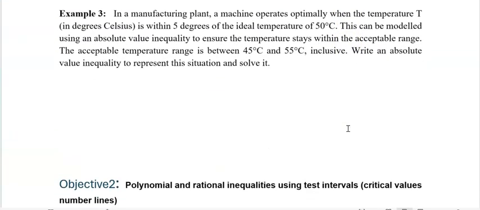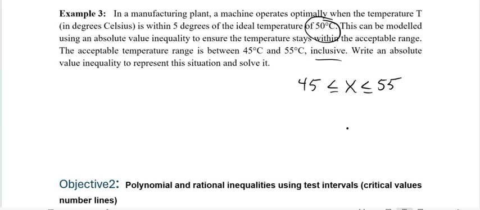Take a minute to read this scenario, and then let's see if we can write it. Well, if we want the degrees to be between 45 and 55, that would look like this. And then it says inclusive, so I would include that. But the directions ask to write this as an absolute value inequality.